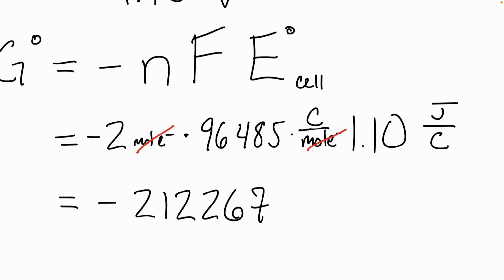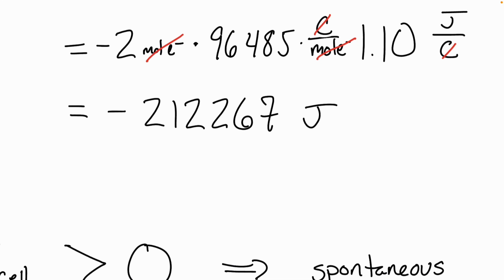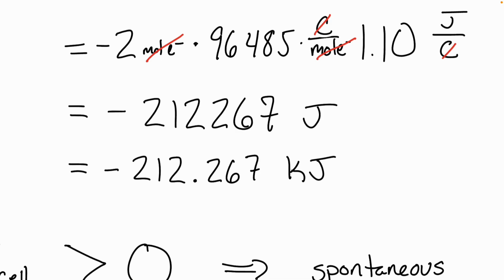Which is important because now what's going to happen to those coulombs? They're going to cancel out. So I'm left with units of joules. All right, remember for our free energy, we usually report in kilojoules. So if I'm going to transfer this to units that we're more familiar with, it's negative 212 kilojoules.